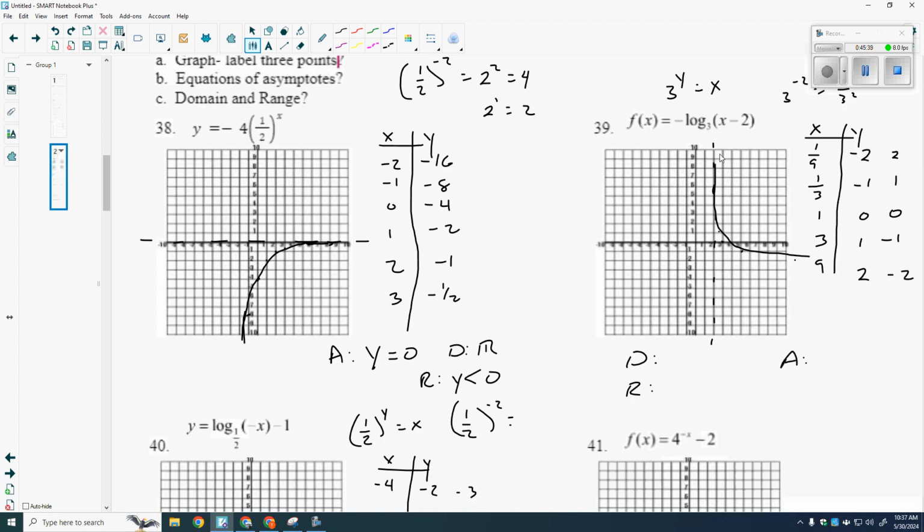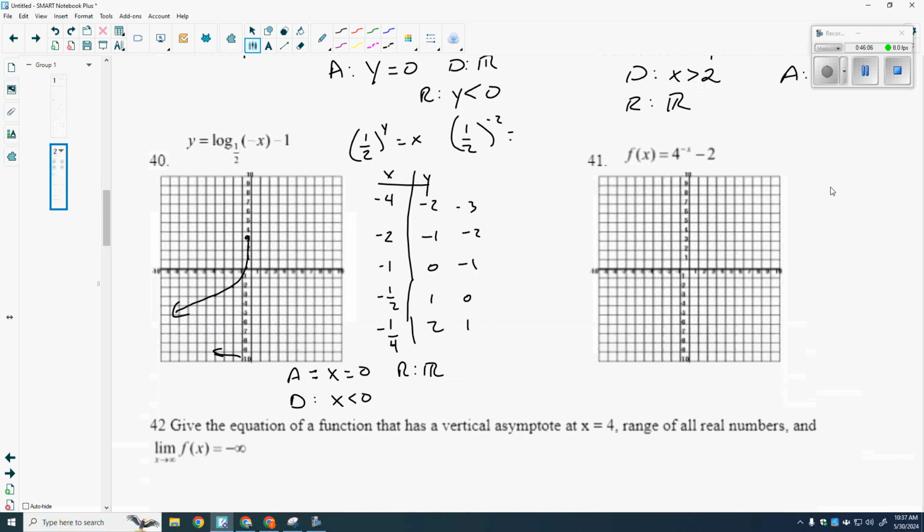Asymptote, x equals 2. The domain and the asymptote go together. In this graph, my values are to the right, so x's are all greater than 2, but my range is still all real numbers. These y values go forever that way and that way. Okay, sorry about that.